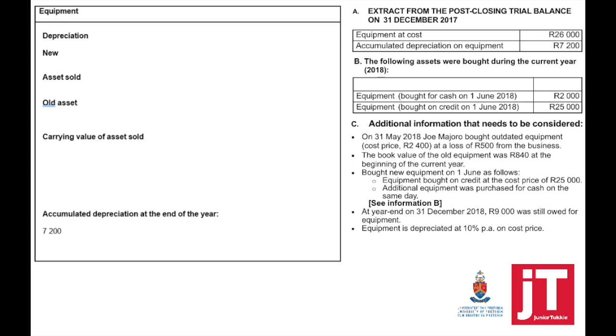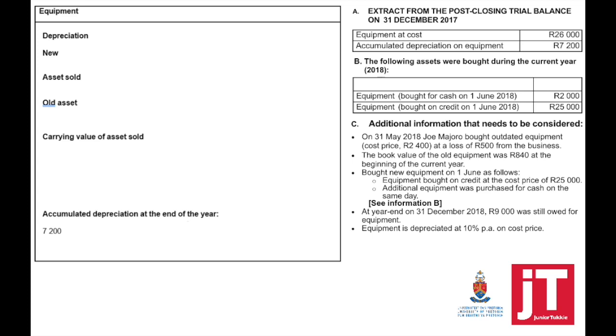But if we look at the additional information that needs to be considered, on 31 May 2018, Joe, which is one of the partners, bought outdated equipment, a cost of $2,400 at a loss of $500 from the business. The book value of the old equipment was $840 at the beginning of the current year. Bought new equipment on the 1st of June as follows.